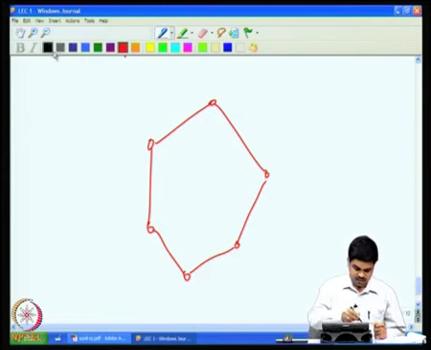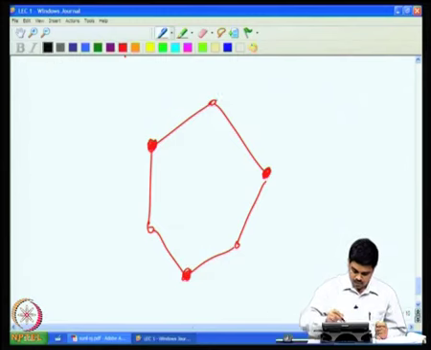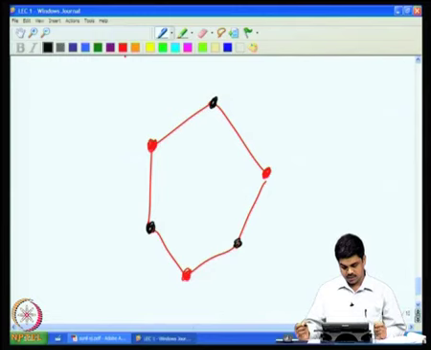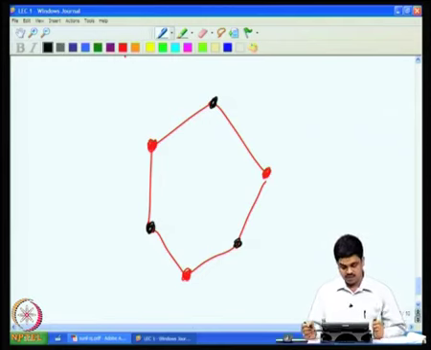For instance, I can say this I will put in one part, this in the same part, and this also in the same part, and the other ones, say this and this, I will put in the other part. So, these black vertices induce an independent set in this graph. Similarly, the other part induces an independent set in this graph. So, every edge in this graph is going from a red vertex to a black vertex.